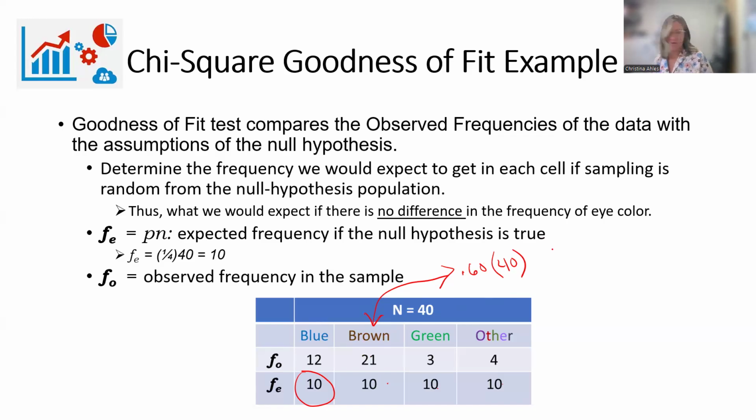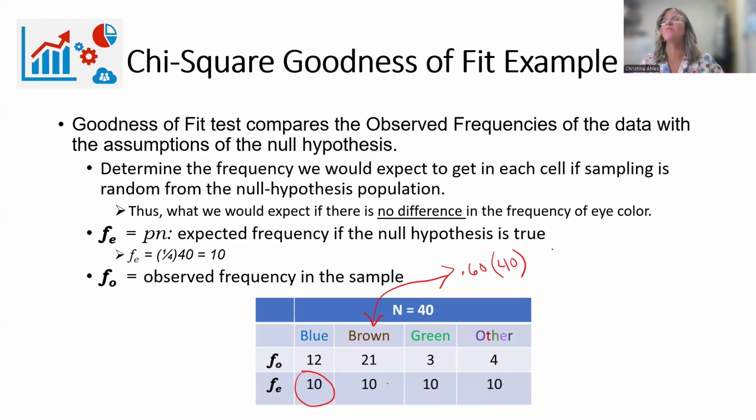Let me get my calculator, because I don't do anything in my head, because it never works out very well when you're trying to do too many things at once. That's why I always tell students, don't calculate in your head. So 0.60 times 40, because that's 60%, would be 24 people. Then we would take 24 from 40, and the remainder would be split evenly into the other three categories.